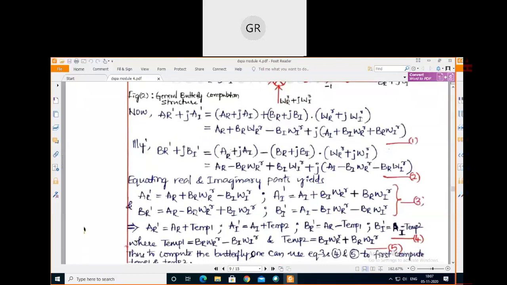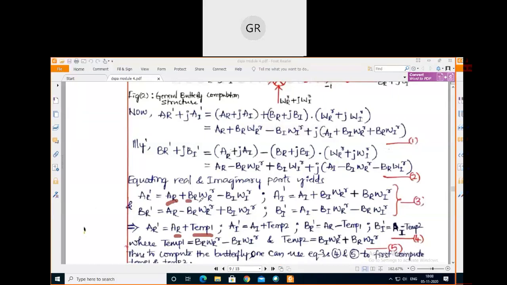Here I will write AR as it is, plus TEMP1. What is TEMP1?